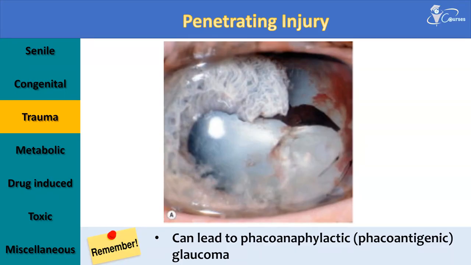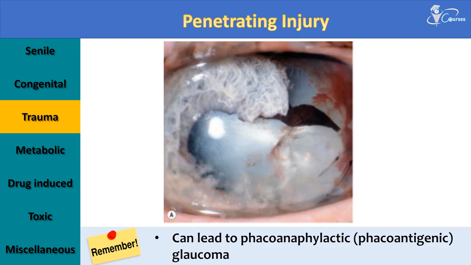If the trauma is massive, if it is severe, leading to opening of the anterior lens capsule and the whole lens is now exposed, then this will induce a severe immune reaction, as I told you, because the lens proteins are antigenic, resulting in an antigen-antibody reaction, which produces antigen-antibody complexes that will be deposited in the angle, resulting in what's called phacoantigenic glaucoma, which was previously termed phacoanaphylactic glaucoma.